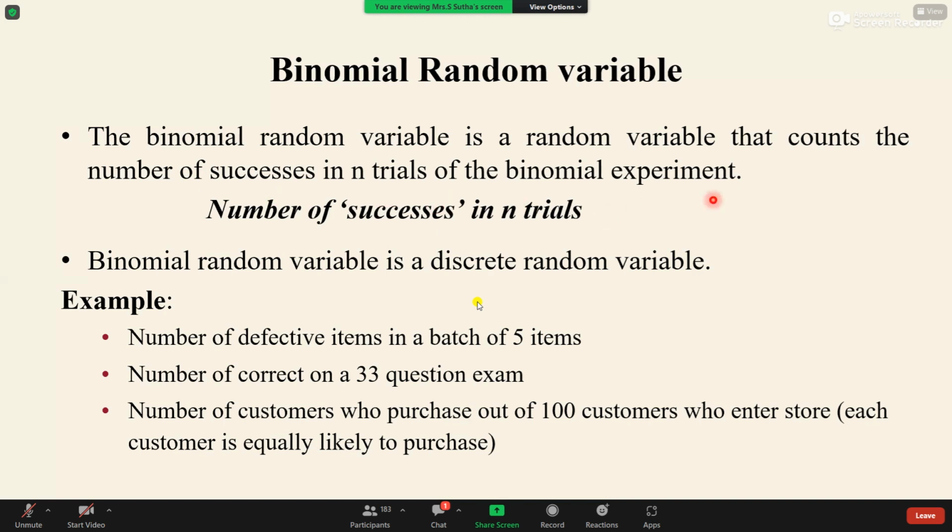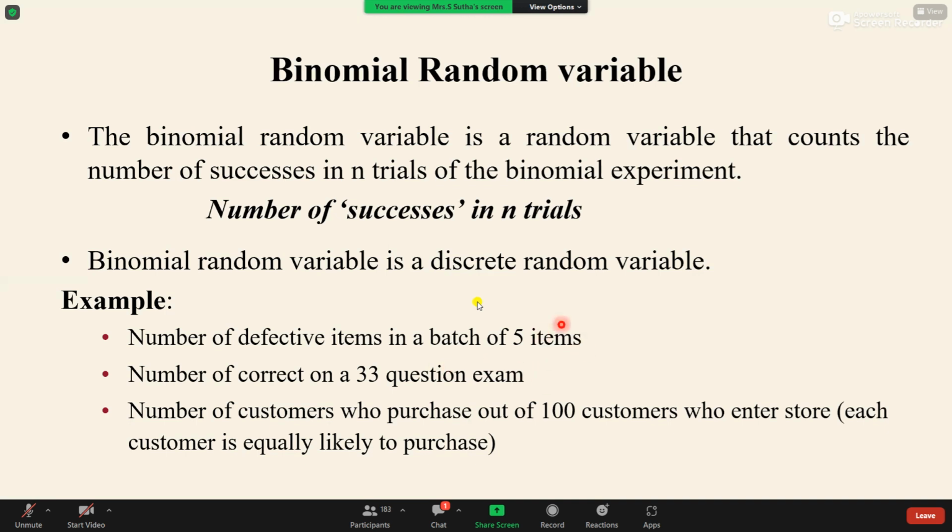So it denotes the number of successes. For example, the number of defective items in a batch of 5 items.